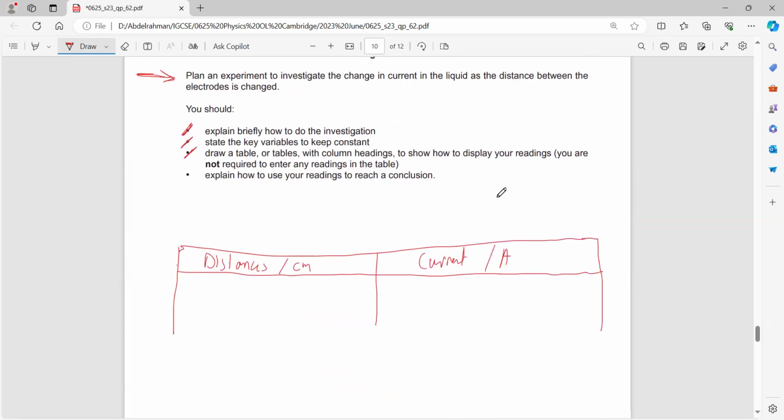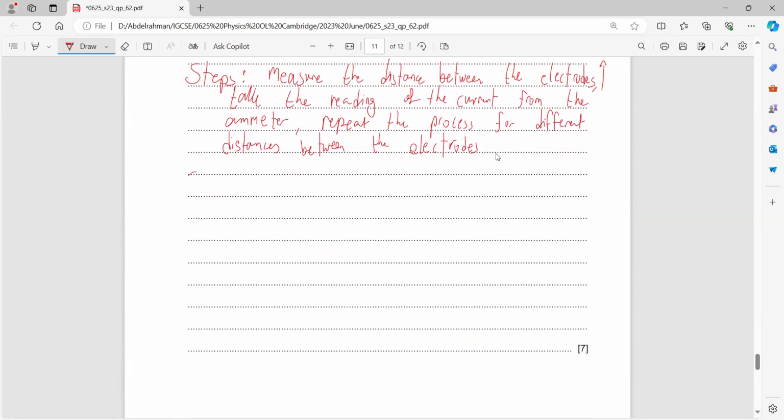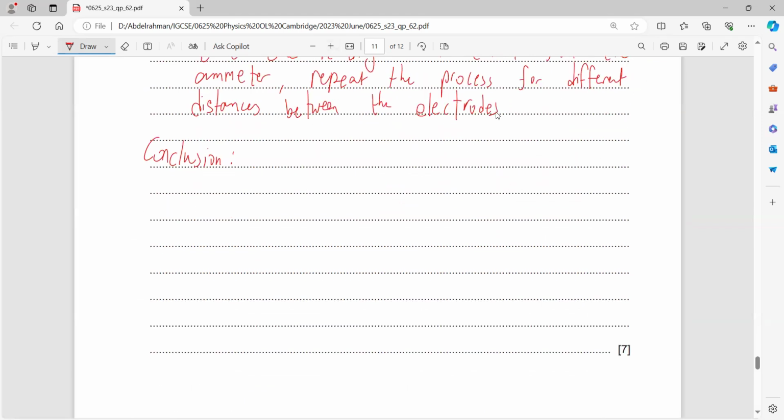And finally, how will I explain the conclusion? What is the conclusion for this question? What do I usually write down in the conclusion? I always said it for each length.